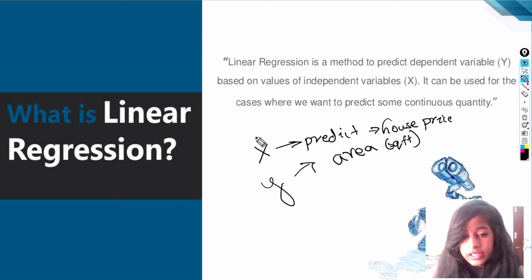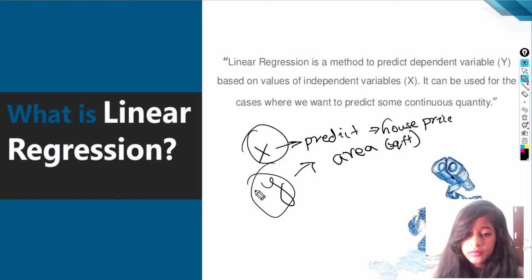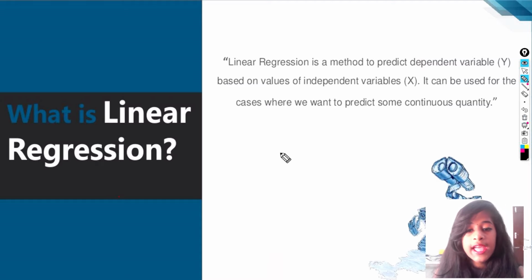Now we have to predict this variable using this variable. This is what linear regression means: you're going to predict the dependent variable based on the values of the independent variable. It can be used for cases where you want to predict some continuous quantity, so it's mainly used when you want to predict a continuous variable.